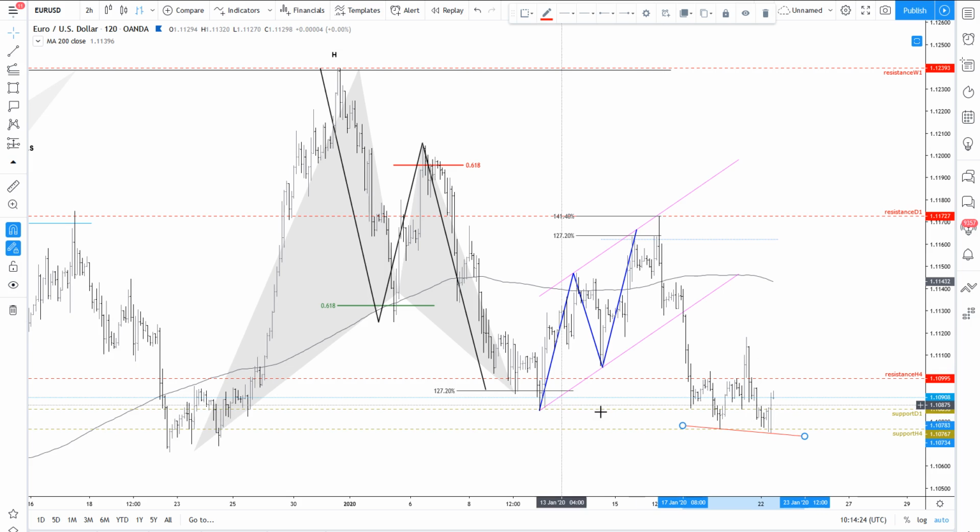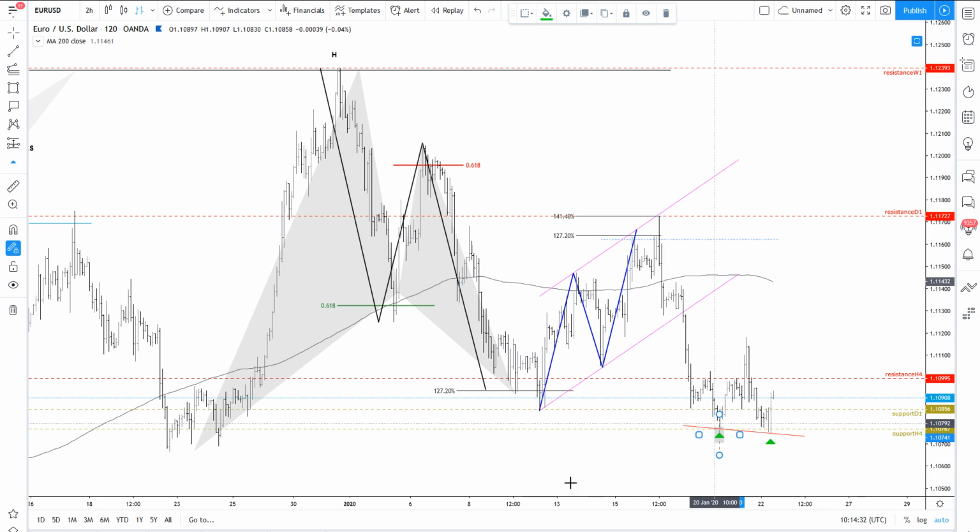If this level fails as a false breakout below these previous lows, and this major one fails as a false breakout from this previous one, I'm considering this as the next or a second bottom, a false breakout below these levels, which should trigger more upside momentum. But if that fails, we will see euro versus dollar sinking and giving sequence to the higher time frame head and shoulders that I showed you before.